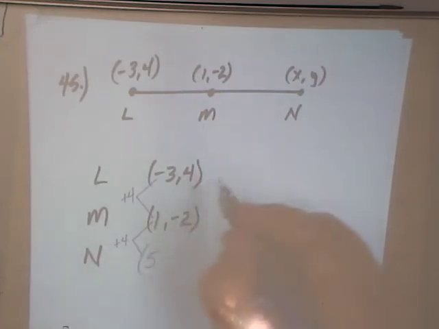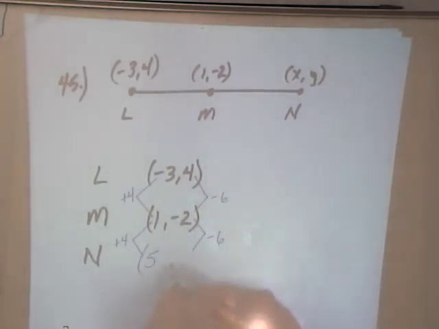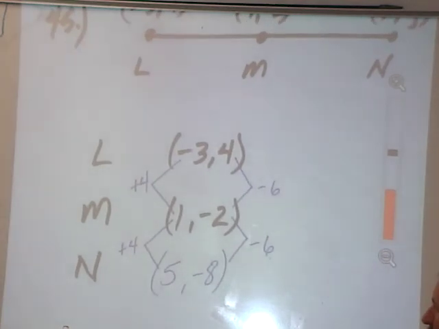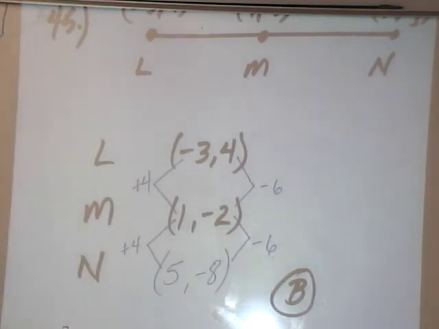What do I have to do to get from 4 to -2? -6. So that's -6 again. -8. There's your answer. So that is what? B. Any questions on 45?